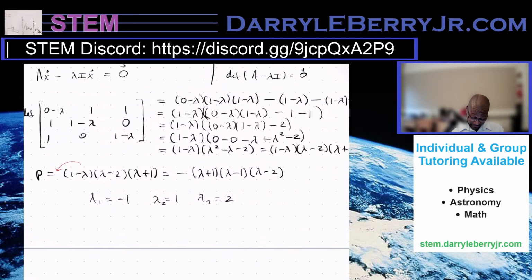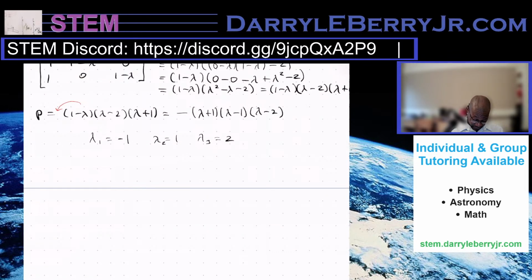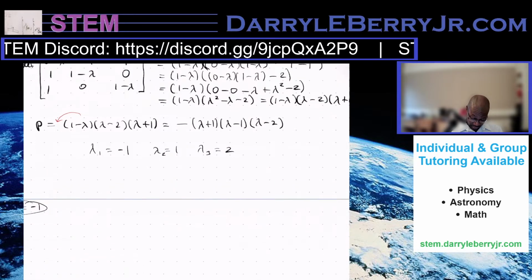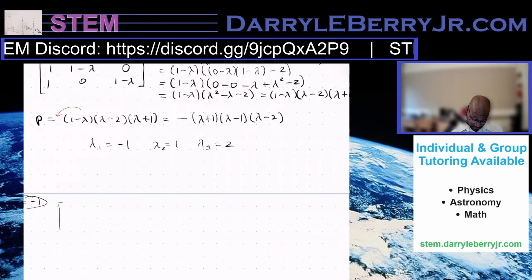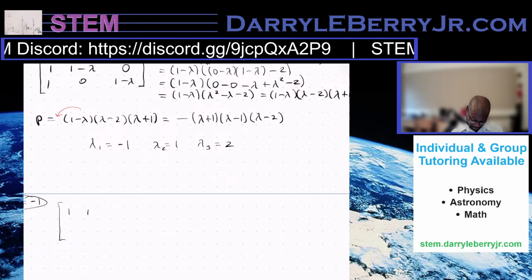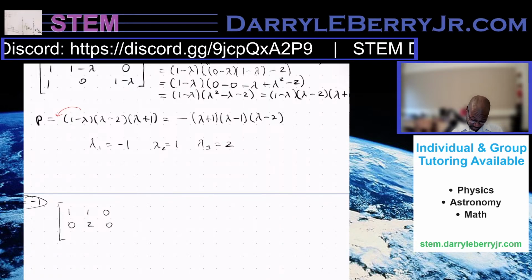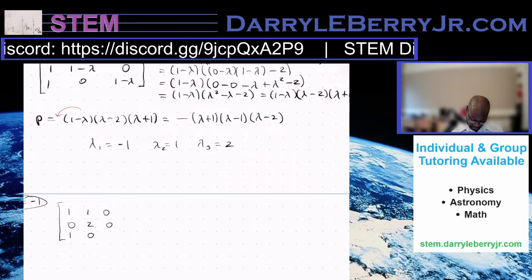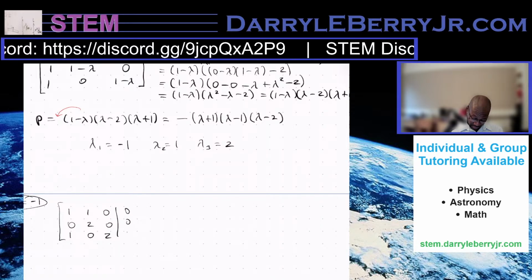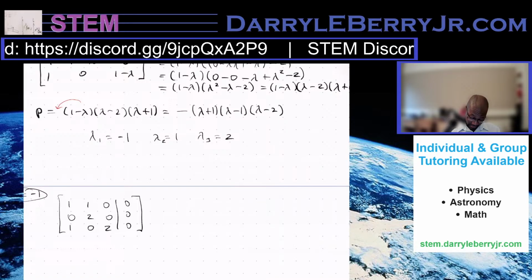So now we can solve for the vectors. So if lambda 1 equals negative 1, then we have the matrix 1, 1, 0; 0, 2, 0; 1, 0, 2. Now we're finding that null space vector that does not equal 0.